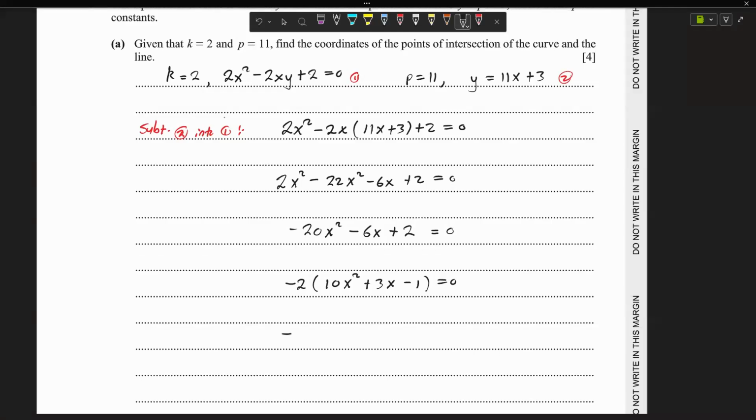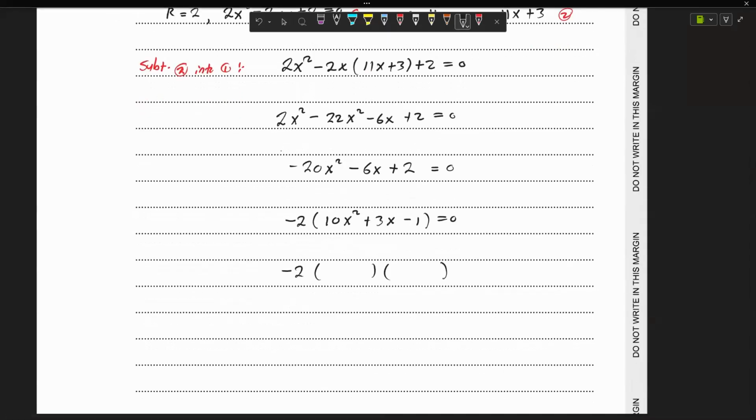Let's try to factorize this, if it is factorizable. If not, then we can use other means. 10, let's do 5x and 5x. Obviously, this is 1 and 1 because these are the only factors. One of them has to be positive. This is 2x rather, because we can't have 5x and 5x. That's 25x. Sorry about that. 5x and 2x will give us 10x squared.